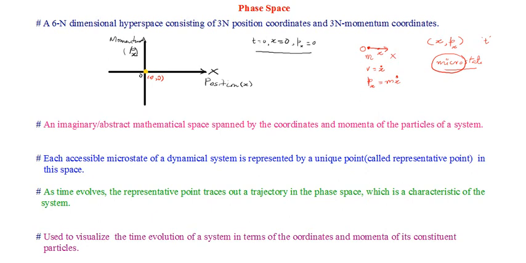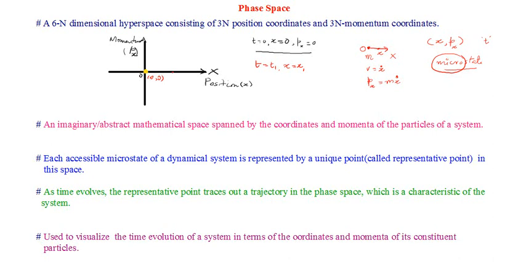Now, suppose at a later time, let the body be moving, and you make the observation of the particle at a later time, say t equal to t1. Let me say that x was having some value x1. The body has moved by some distance from the origin. So let me say that it has moved to some point here, x equal to x1.